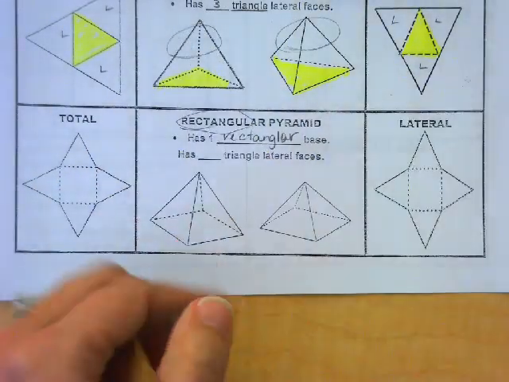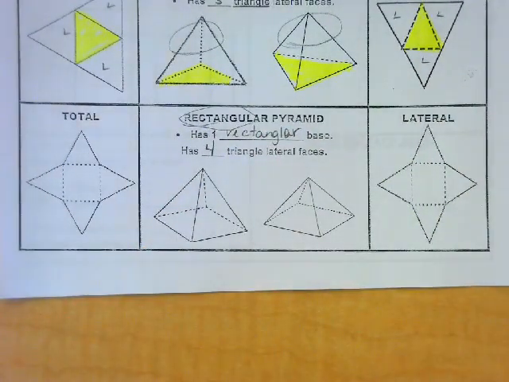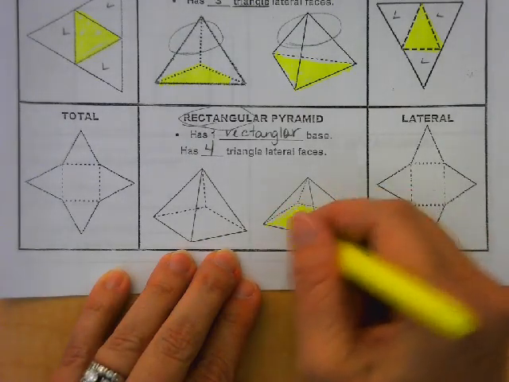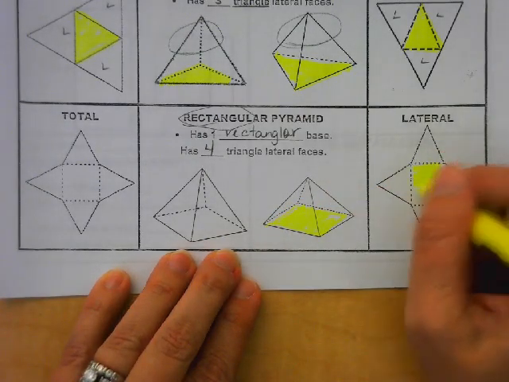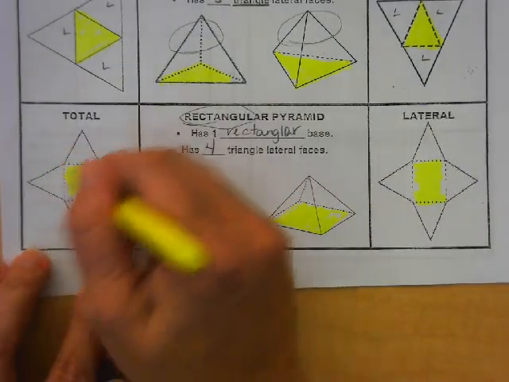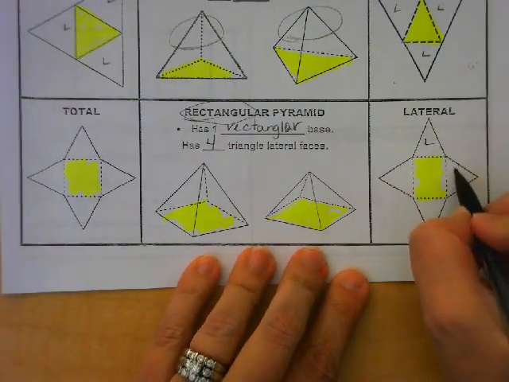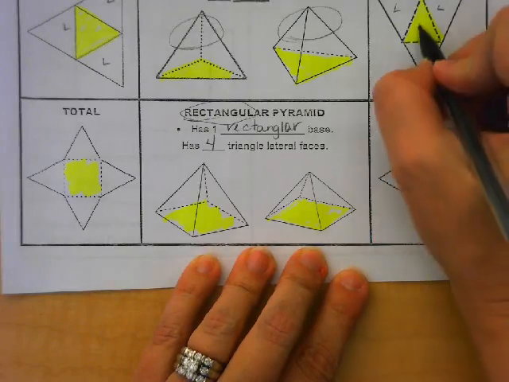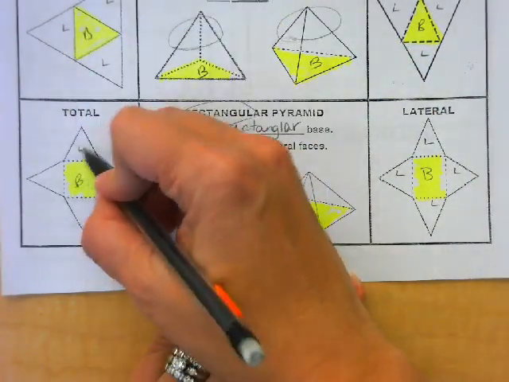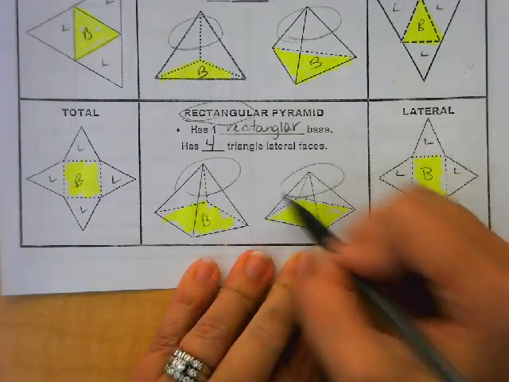Because how many sides are on a rectangle or a square? 4. Okay. So here's our base, here's our base, here's our base, here's our base. Do we feel pretty good about the difference between the base, the big B, and the lateral? Okay, that's huge. Because if you don't know that, it's going to make life very, very tricky.